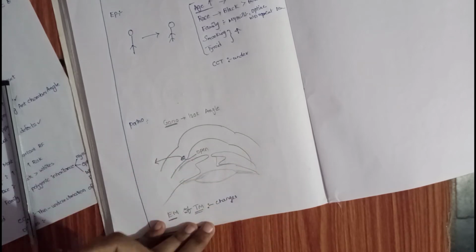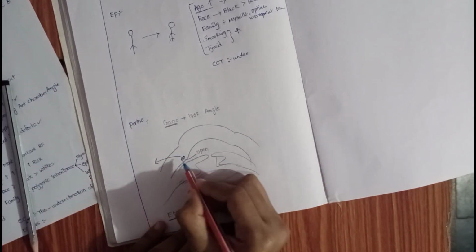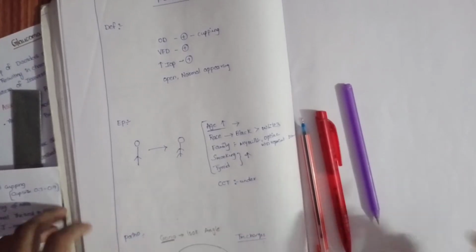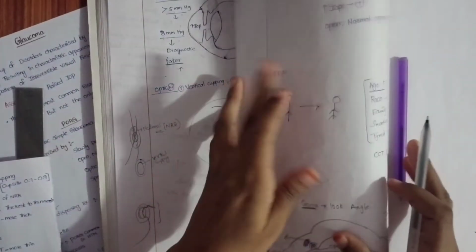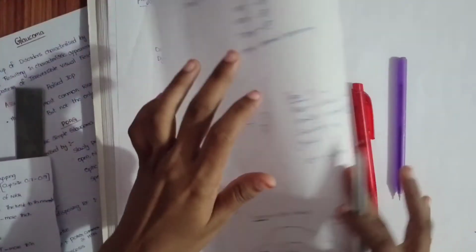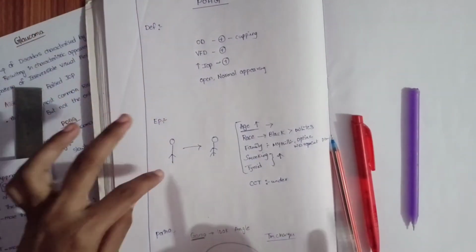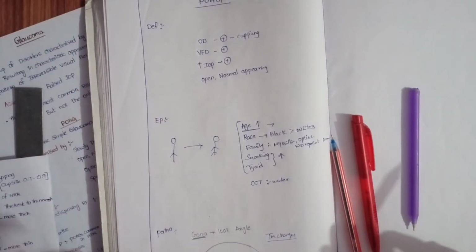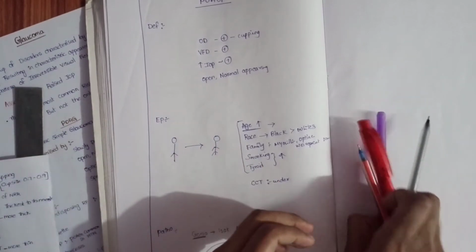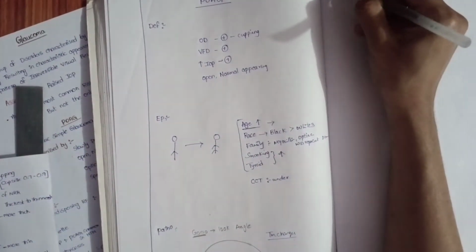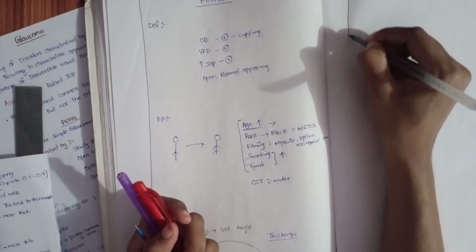If it does, the intertrabecular spaces are narrowed. Just now we have completed the causes for gradual painless loss of vision, the definition, and the etiopathogenesis. Next, move on to the symptoms and the signs.